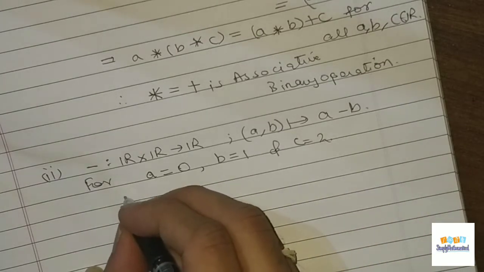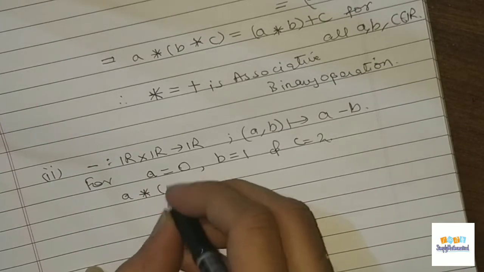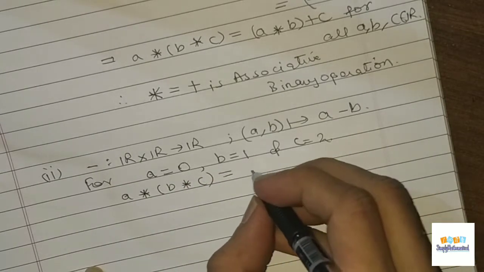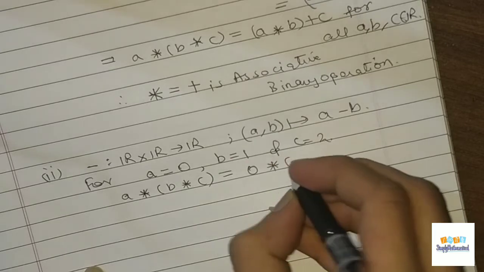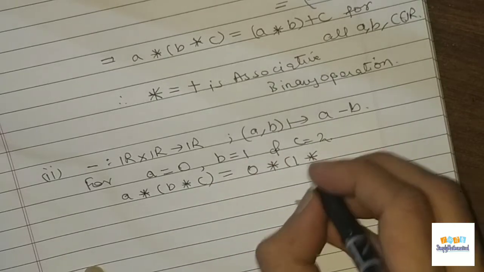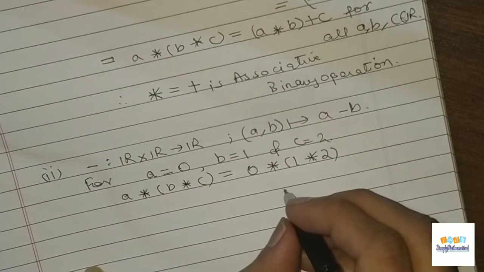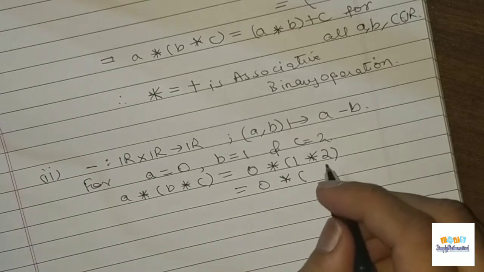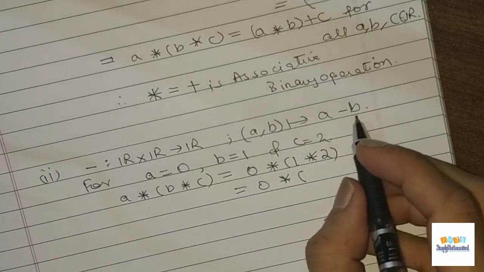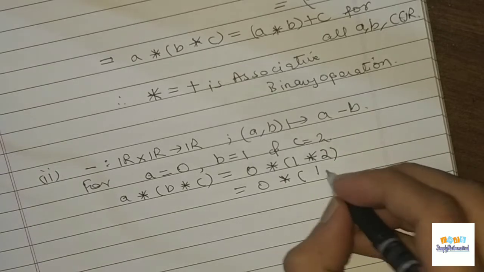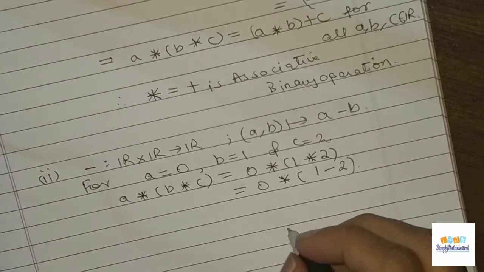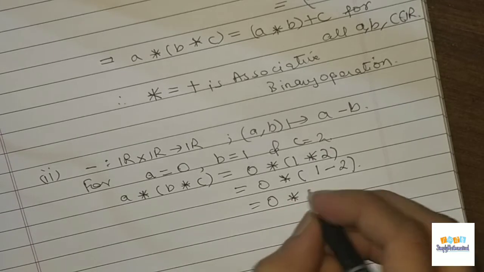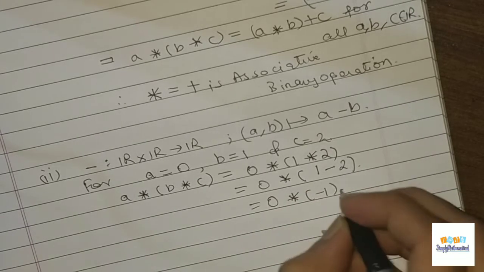So if you look at the left hand side, a star (b star c), which is equal to what? 0 star (1 star 2), according to the definition of the operation. 1 star 2 is 1 minus 2, which is minus 1.